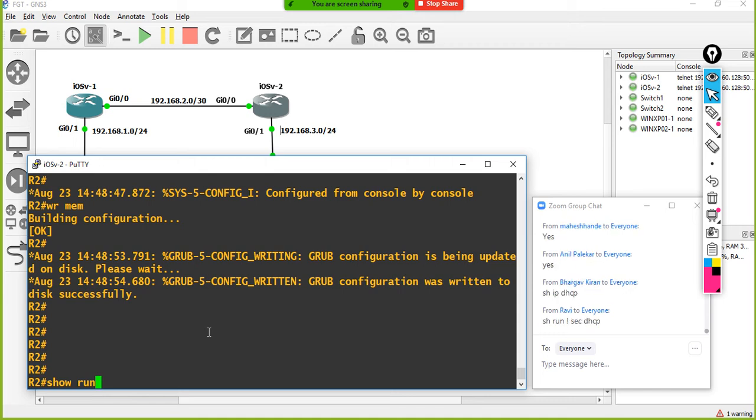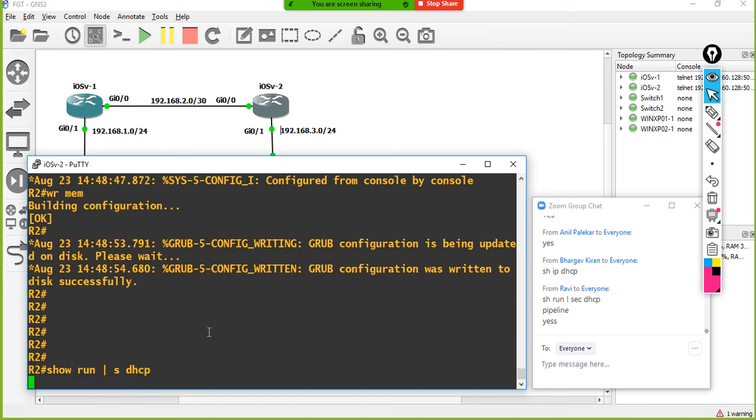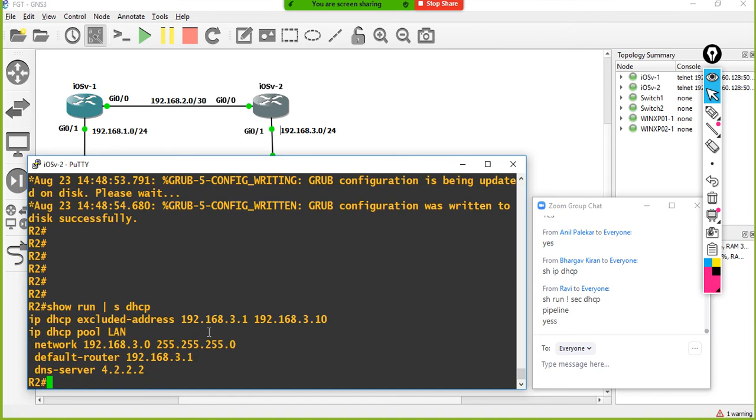No. Ravi, you need to give not exclamation, you need to give the pipe symbol. Yeah, it's a pipeline. Show run section DHCP.